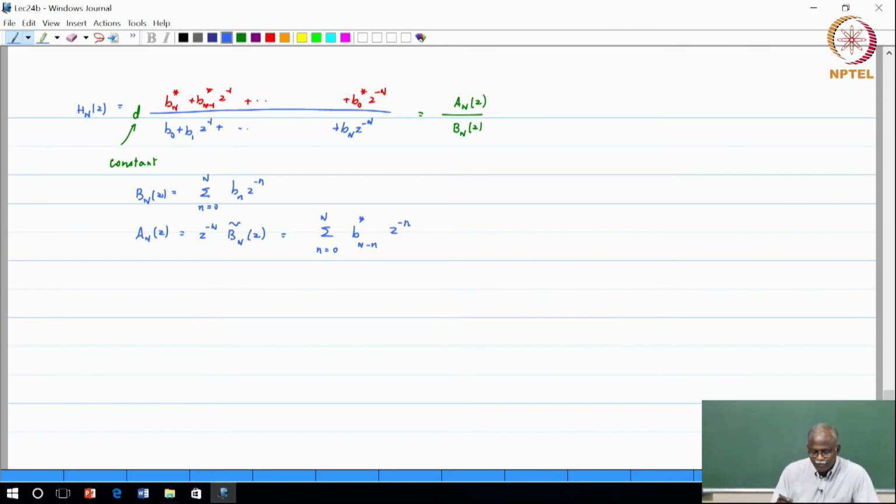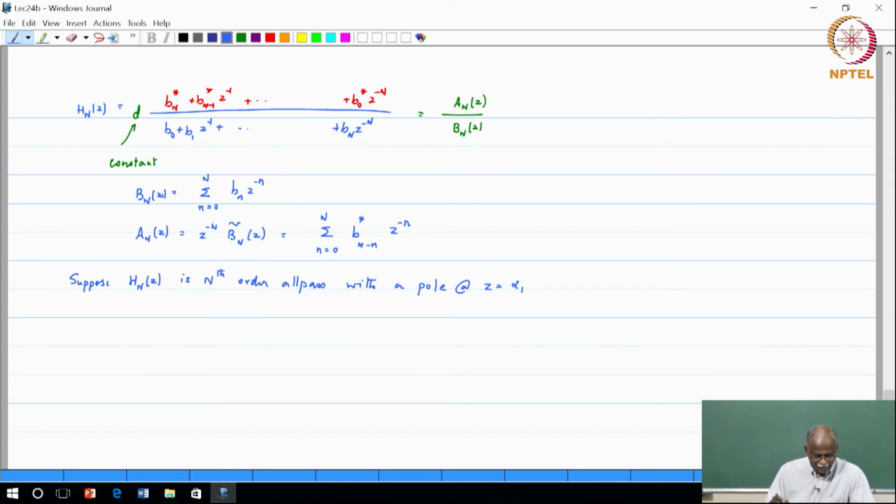Here is the argument that we make based on what we discussed for the earlier case. Because of the para-conjugate nature, we make the following statement: suppose Hn of z is an nth order all pass, which is what we have constructed it to be, with a pole at z equal to alpha 1.